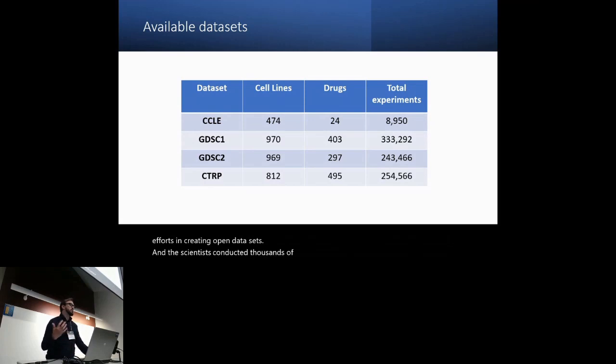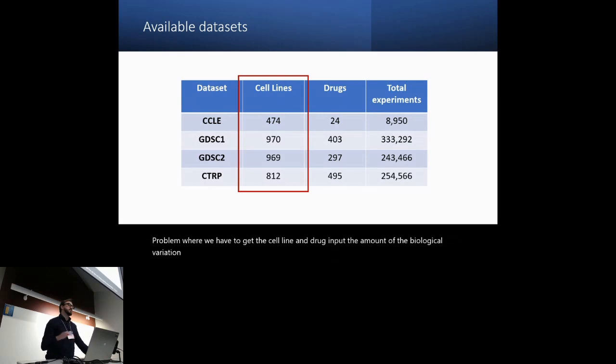But because of the combinatorial nature of the problem, where we have to get the cell line and drug input, the amount of the biological variation still remains quite low, and we have cells only in low thousands, and most of the ones that I showed here are overlapping.